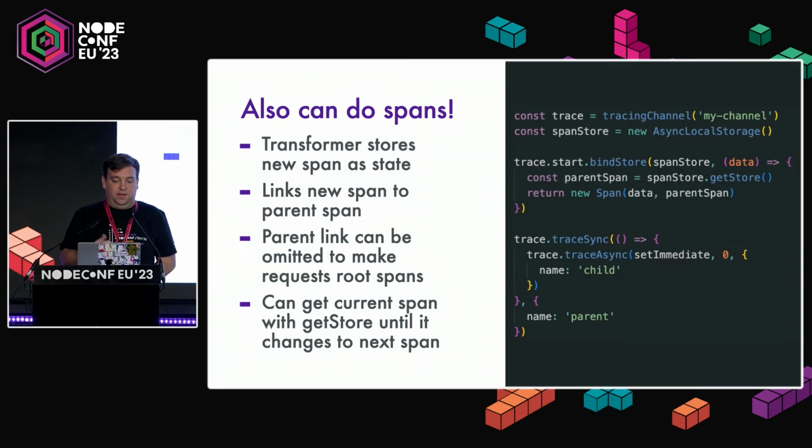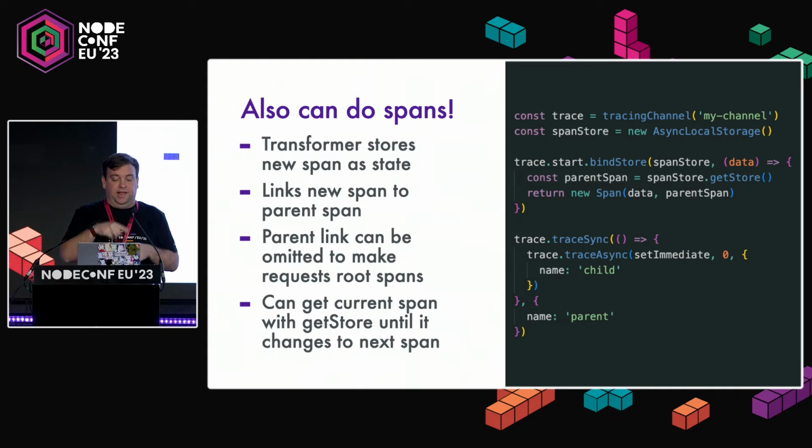So in the case of APMs, we use this to create our spans. The transformer stores a new span as the state of our span store.